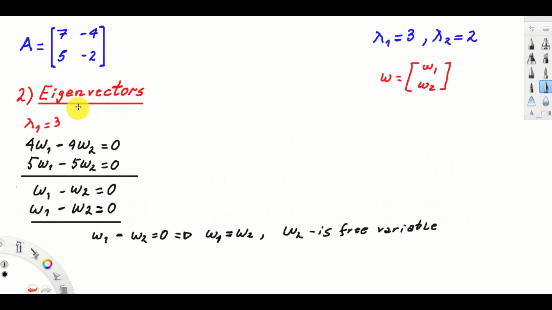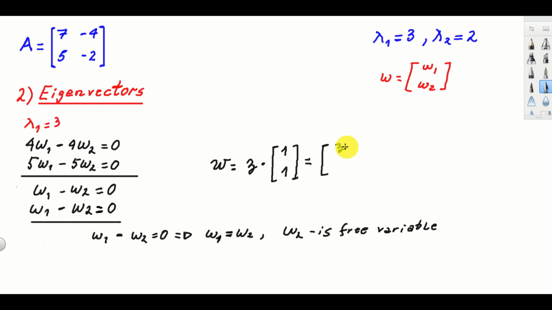However, these eigenvectors are actually parametrized, and let's write them like this. W, that is, our eigenvector, is some parameter, beta, that we can freely choose, multiplying 1, 1. Why is this the case? Well, if we multiply this, we obtain beta, beta.